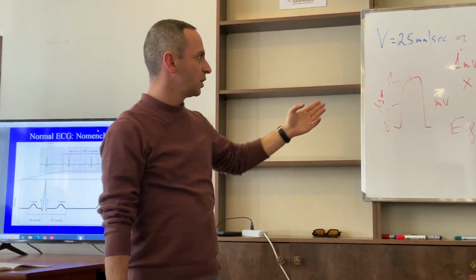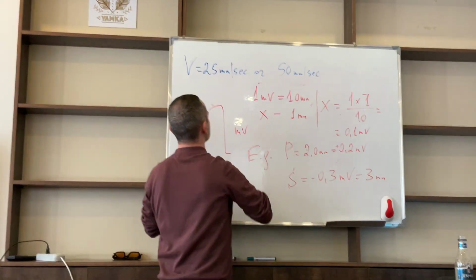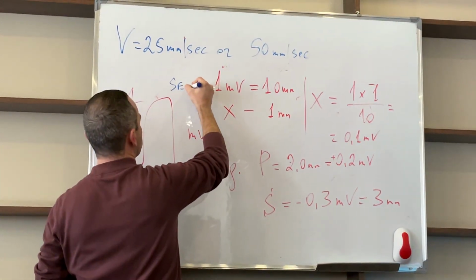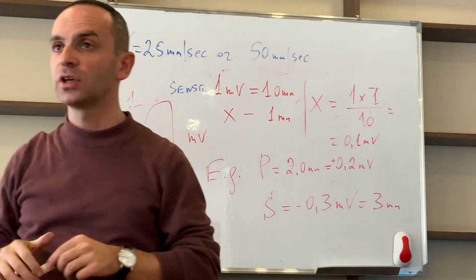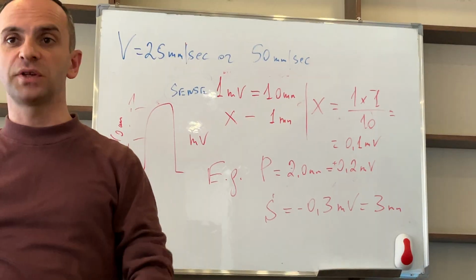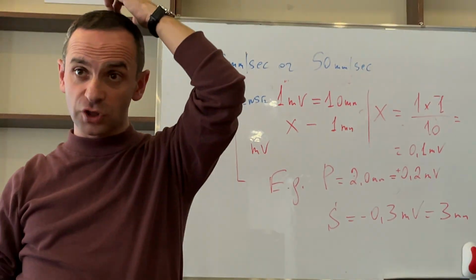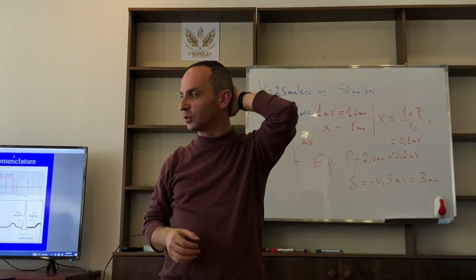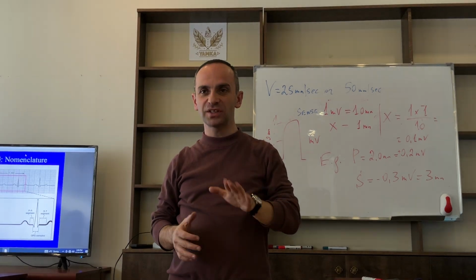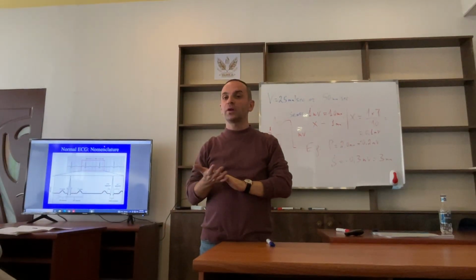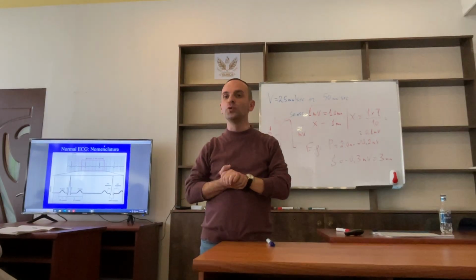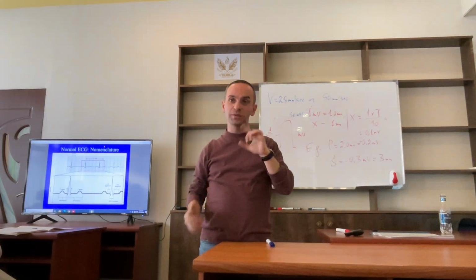By the way, when I said 1 millivolt, 10 millimeters, on the ECG device there is a button called sense. You may change it. For example, if your QRS complex is low, you may increase the voltage, you may give 20 millimeters per millivolt. But standard is 10, which means each small box, 1 millimeter, will be 0.1 millivolt. With 20 it will be 0.05. You should be attentive.